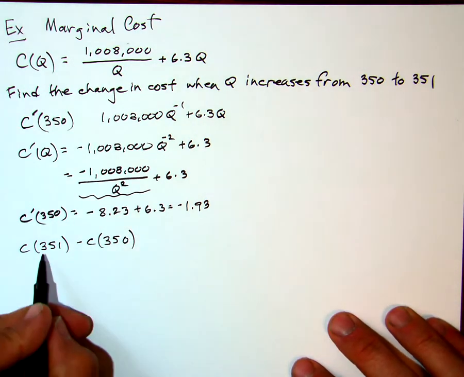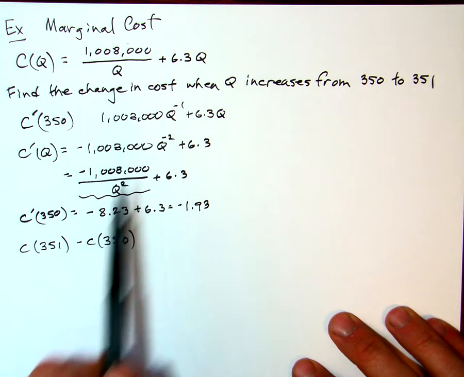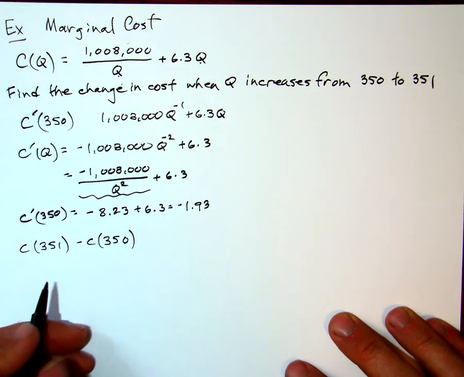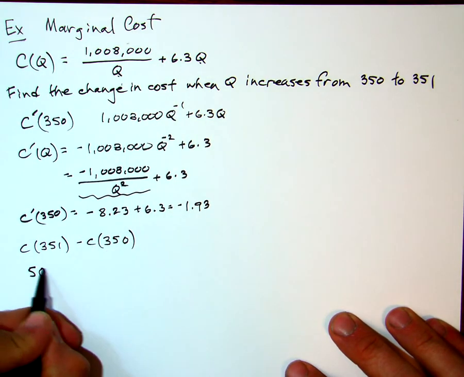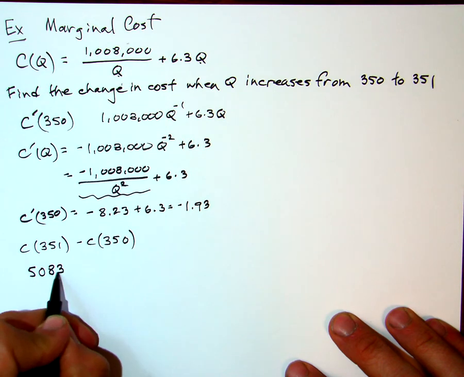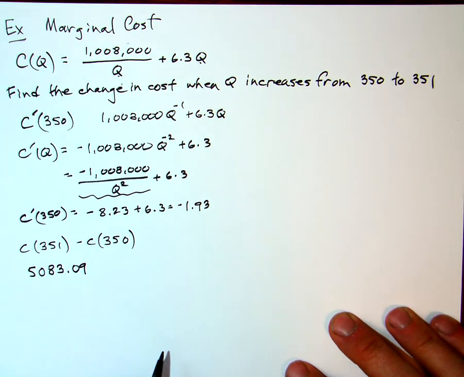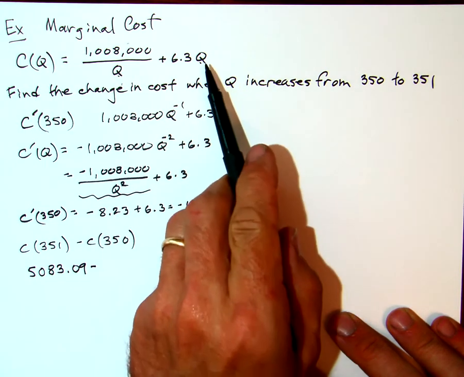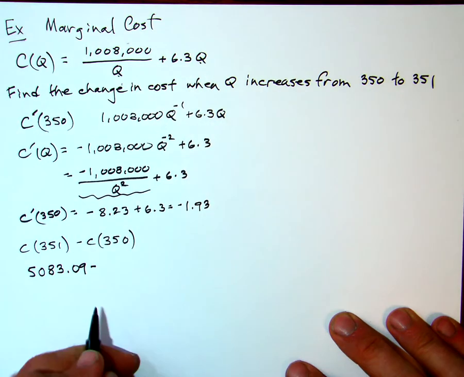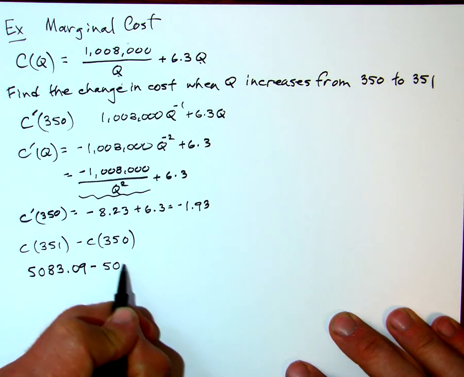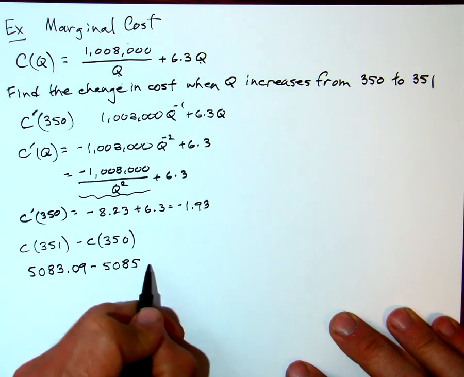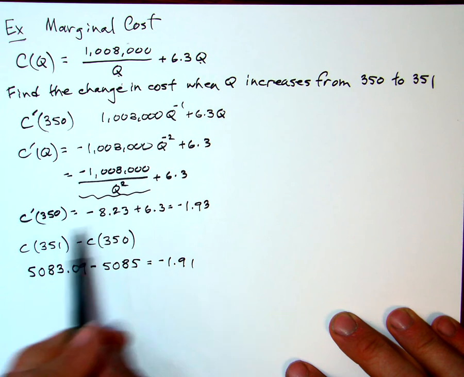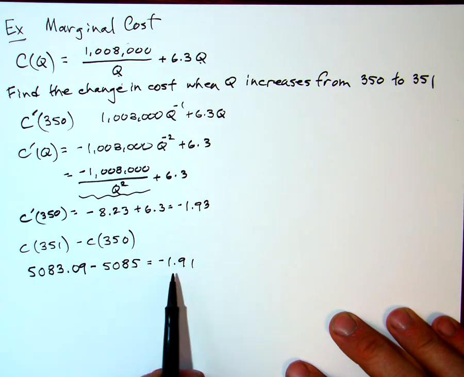Without going through all of the computations, we're just going to put 351 in for Q. That is going to give us 5,083.09, minus, we put in 350 for Q, which gives me 5,085, and you'll find that difference is negative 1.91. So you can see that this marginal cost is a good approximation of what it actually costs for the 351st order.